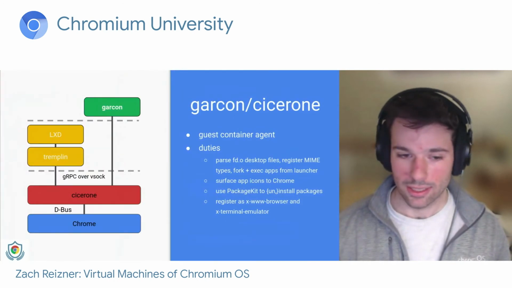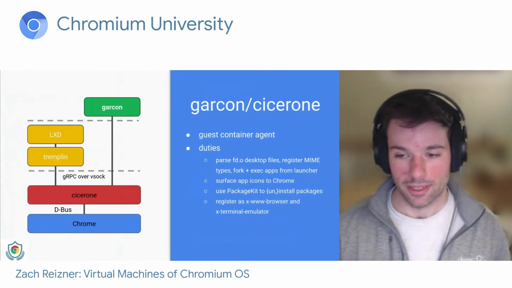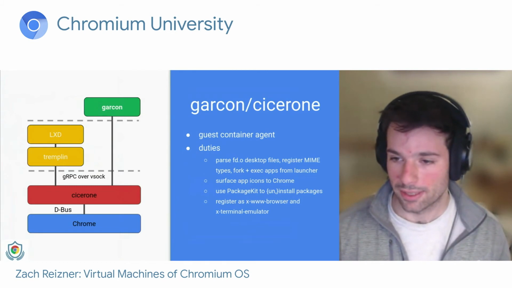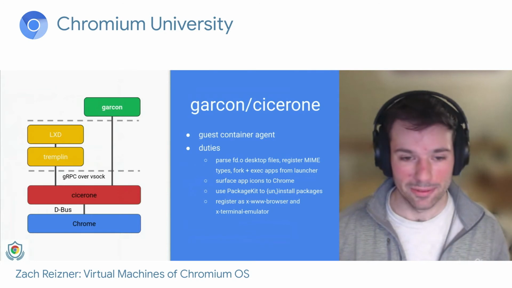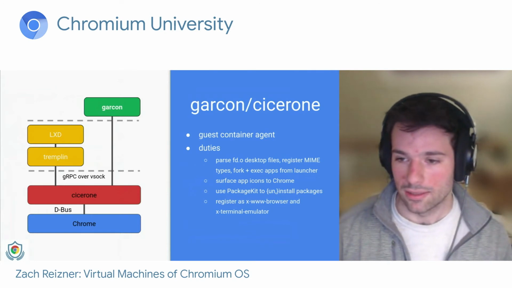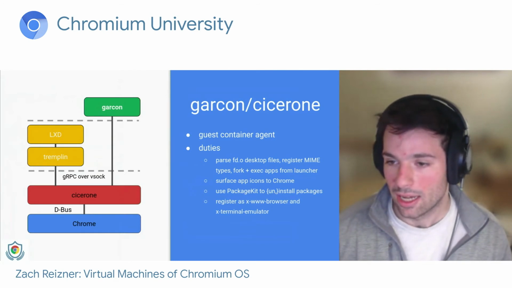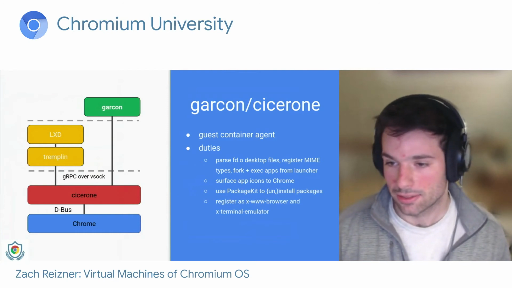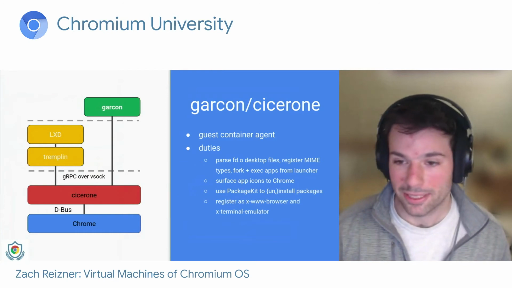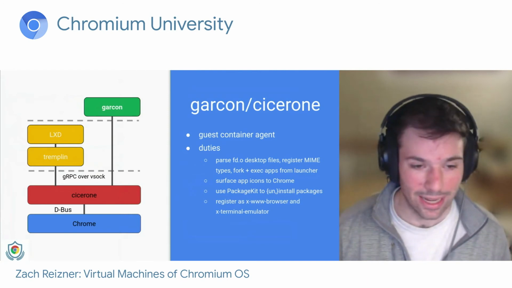Another piece, and again, specific to Crostini, but worth talking about, is the Garcon/Cicerone pair. So this is started in the sort of container phase of Crostini, when we're actually running Debian. So we use LXD to start the Debian container, and this is handled using Tremplin and Cicerone, which you can see in the diagram.